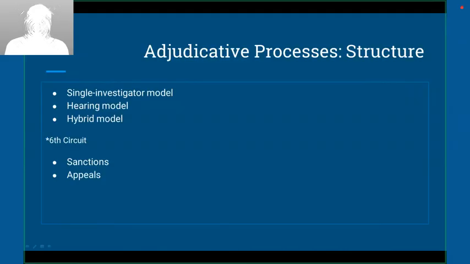And so it's very common then in the Sixth Circuit for hearings to be offered for many or all student sexual misconduct cases, consistent with current case law in the Sixth Circuit. So that's also based on the Department of Education's notice of proposed rulemaking. We don't know where that will land in terms of future regulations.